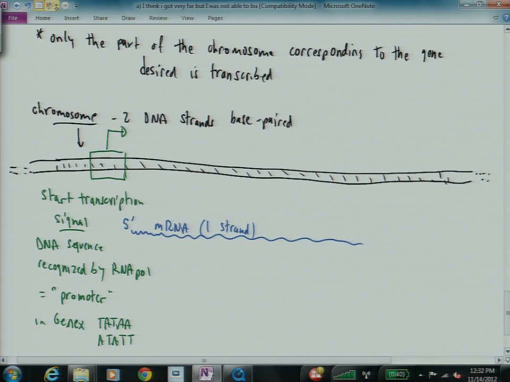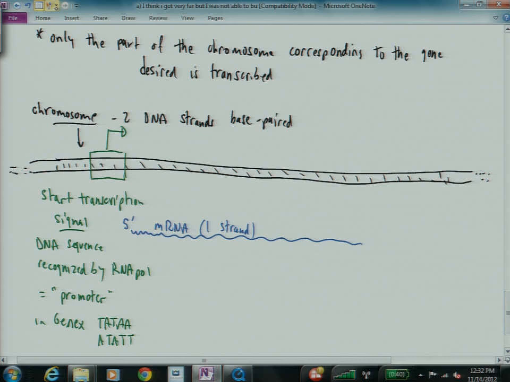You've made enough RNA. So there's a sequence in the DNA, the stop transcription signal. It's called a terminator. Okay. And in GeneX, it's 5 Gs over 5 Cs.